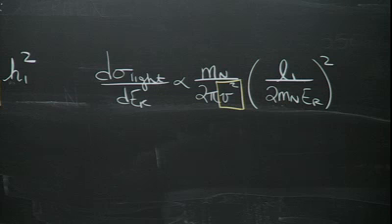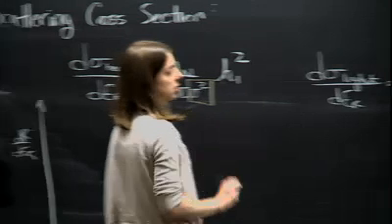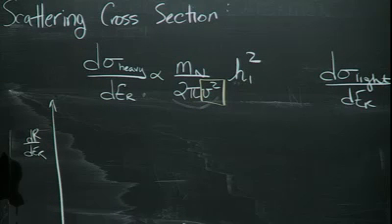So based off of what we did on the middle board, maybe just take a minute and sketch out how the differential rate would look different if I have a heavy mediator or a light mediator, and which case should be easier to discover.